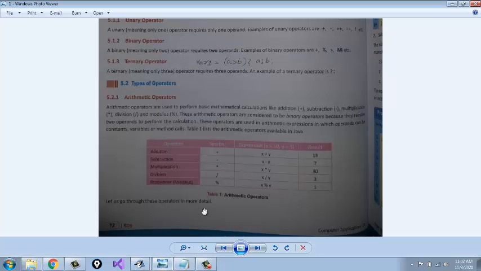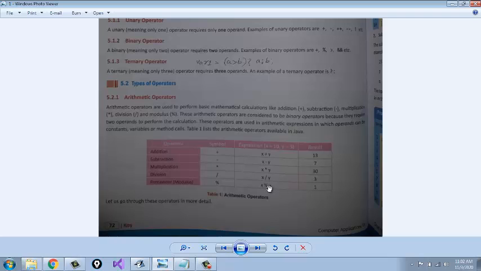Then we can learn the next operator, modulo. Now we have learned x divided by y, which is 3, because this operator returns only the quotient. Next we are going to learn the remainder or modulo operator. See, x modulo y. The value of x is 10, the value of y is 3.